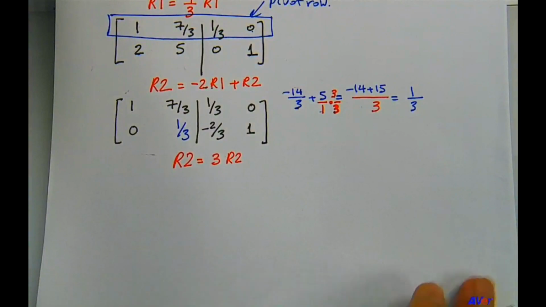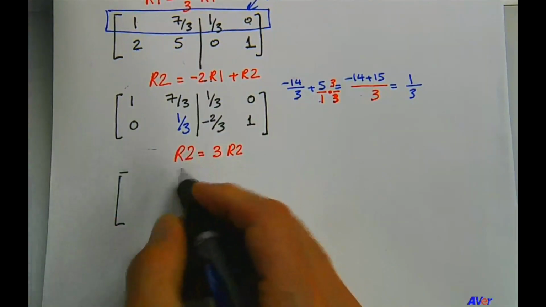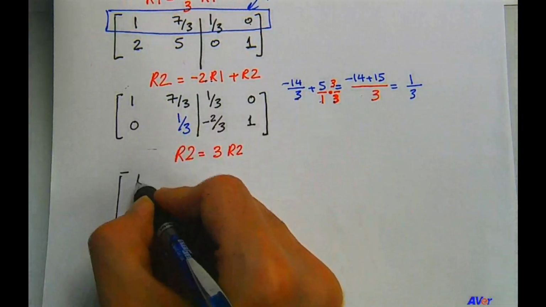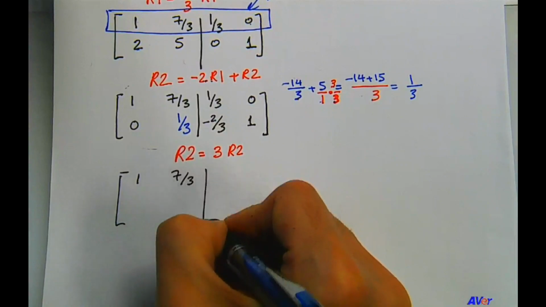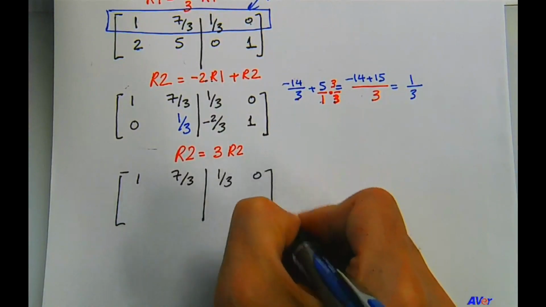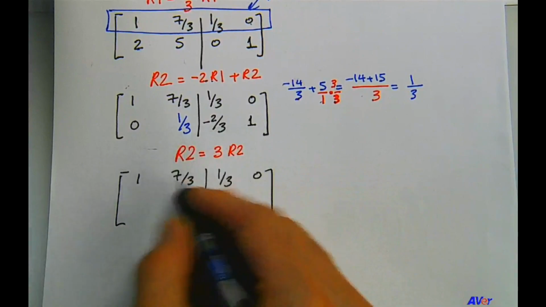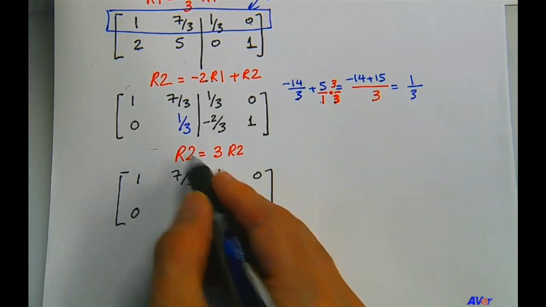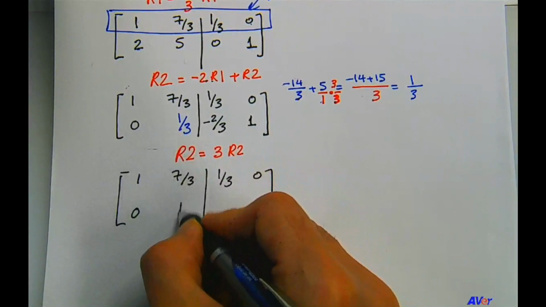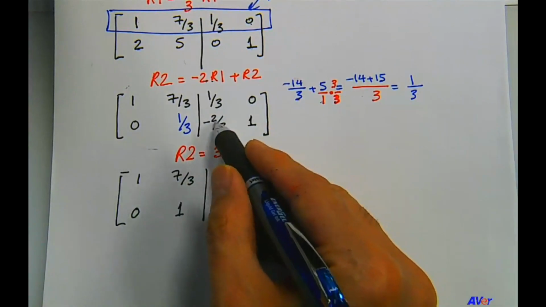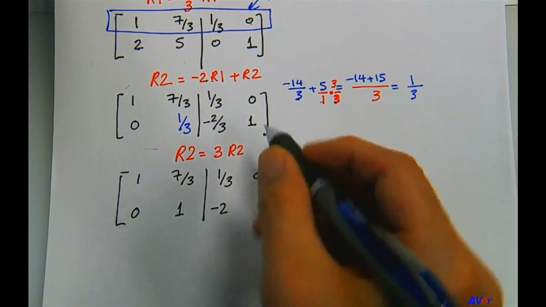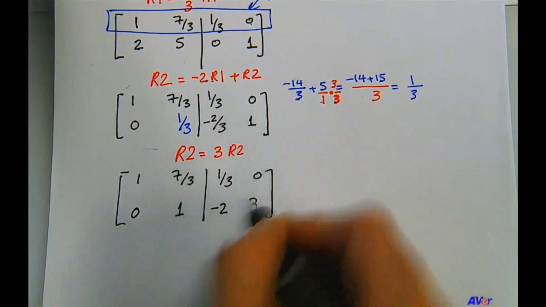Okay, let's write the next matrix. The first row isn't changing. The second row is changing according to this row operation. 3 times 0 is 0. 3 times 1/3 is 1. 3 times -2 over 3 is -2. 3 times 1 is 3.